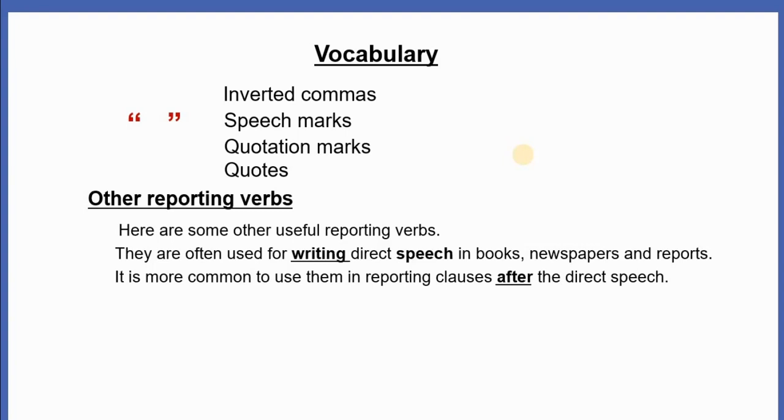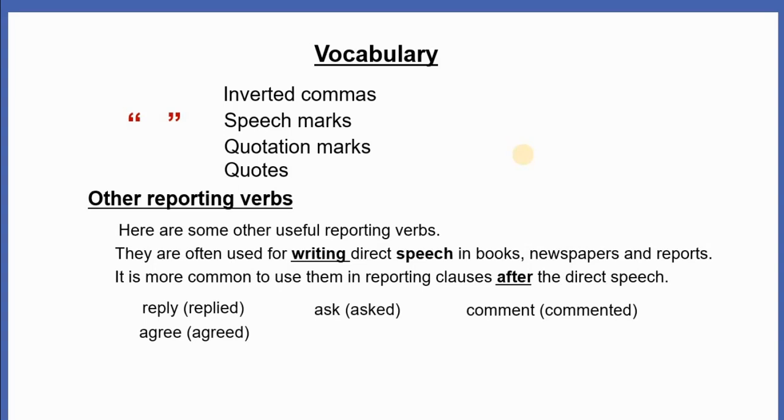So we have the verb reply, and this is the past simple, replied, asked, comment, commented, agree, agreed, shout, shouted, admit, admitted, and there are others, but these are very common ones.